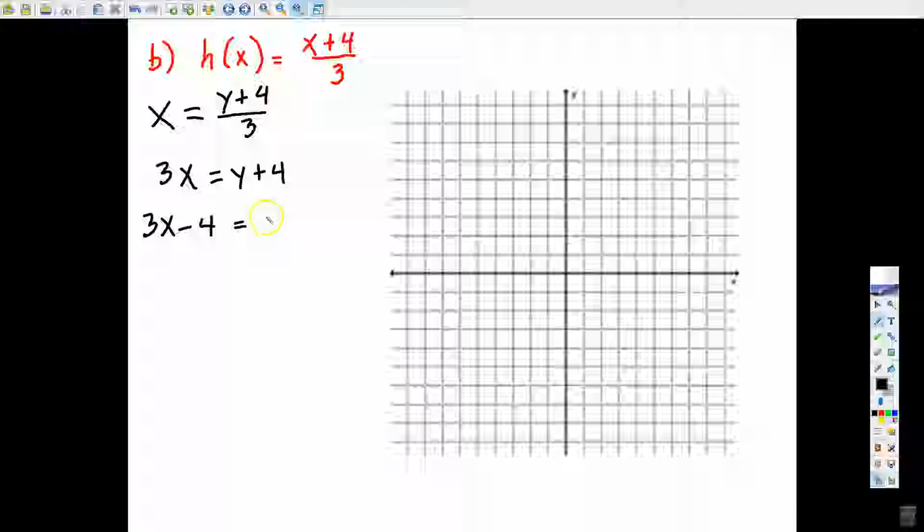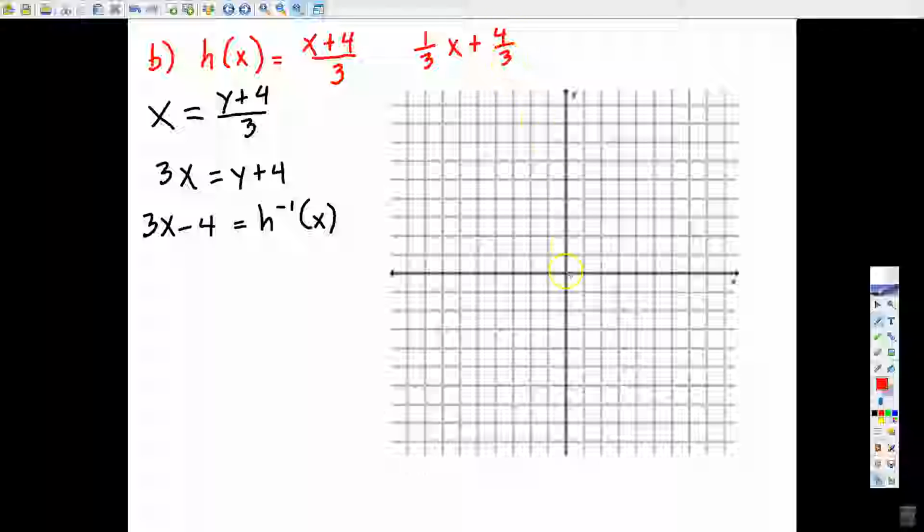And since this does represent the inverse, I'm going to use this little inverse notation. This was h of x. This represents the inverse of h of x. Okay, and our directions are the same. We're going to graph what I call the original. If it helps, you could just rewrite this as 1/3 x plus 4/3 to put it in slope-intercept form.